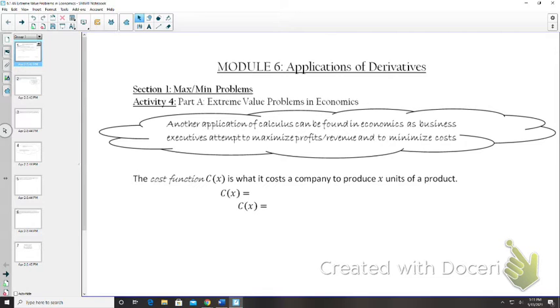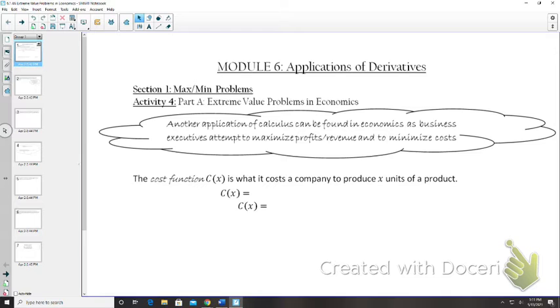So we have cost function, revenue function, and the profit function. The profit function is really just a combination of the cost and the revenue function. So we will have 3 examples.